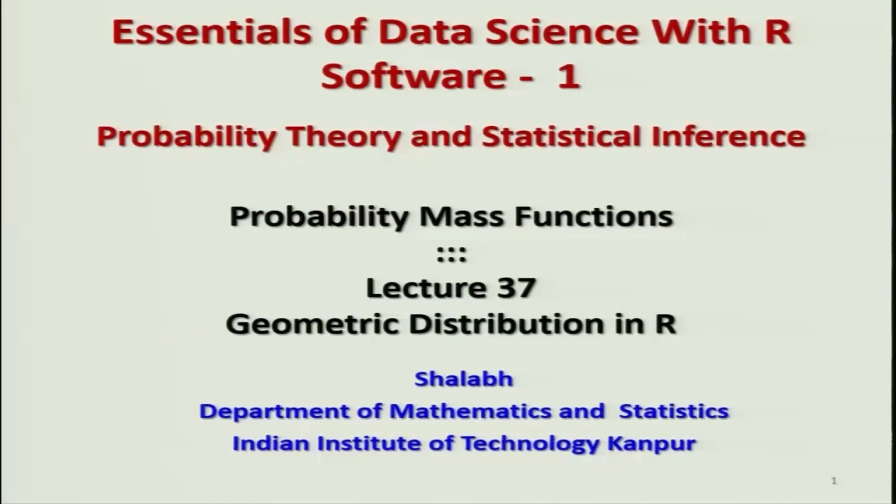But when you are trying to use the geometric distribution in R, the value k which we have used in defining the probability mass function is going to be used a little bit differently than in the theory. So you have to be very careful. I will try to make it clear here, but that is why I told you that you should not be overconfident. Let us begin our lecture.